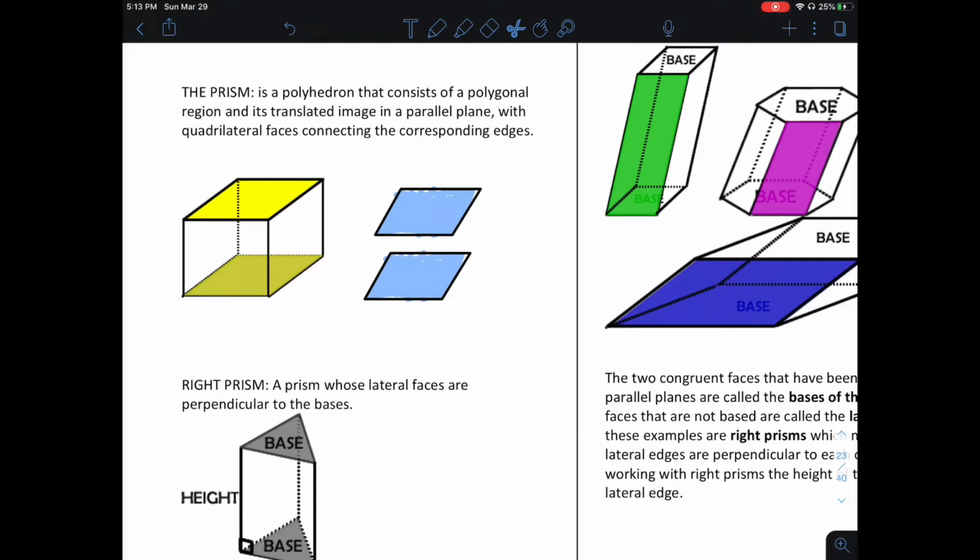In a parallel plane with quadrilateral faces connecting the corresponding edges. So the corresponding edge, I would connect these 2, those are corresponding. I would connect these 2, corresponding. These 2, corresponding. And if I connect this one in the back, we wouldn't be able to see it. They would correspond. And now I have this 3-dimensional figure. That is a prism.